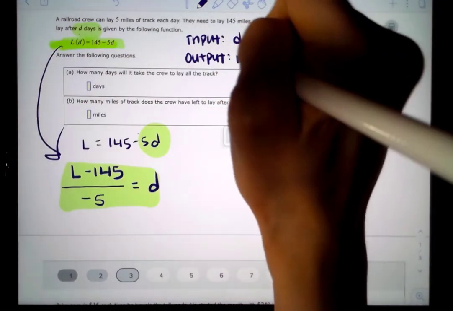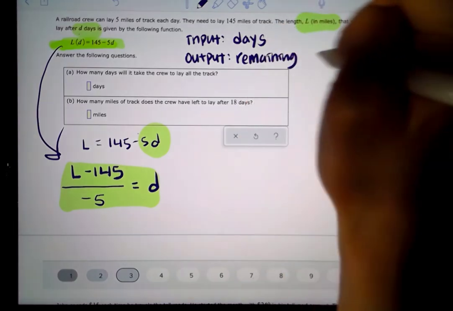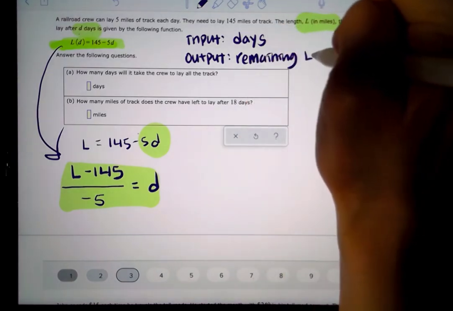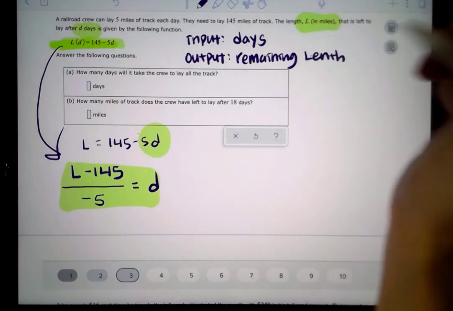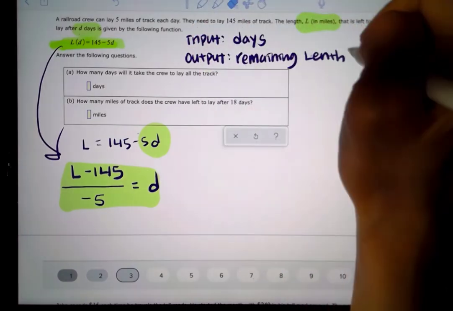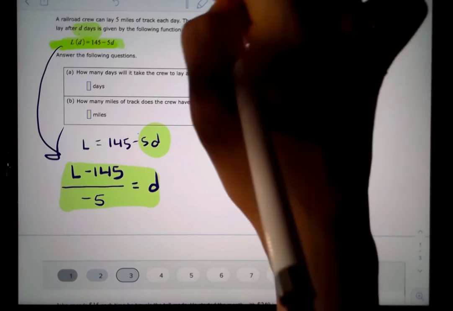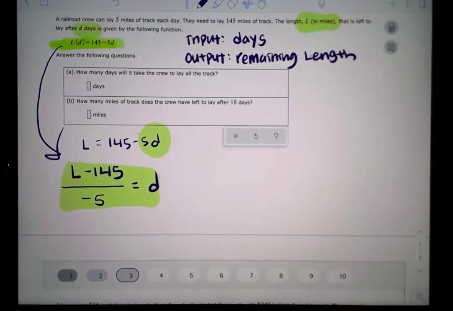The remaining length. Remaining length, right? So this is your input and output.